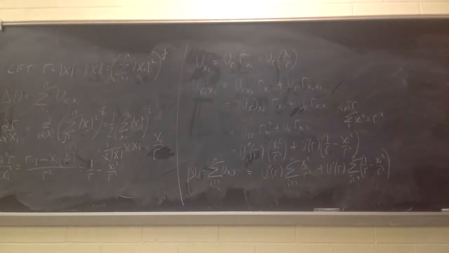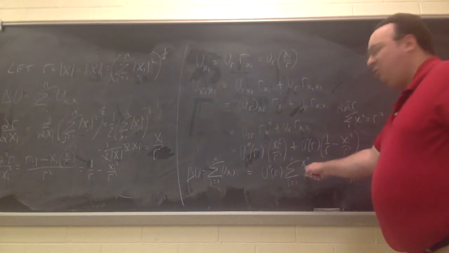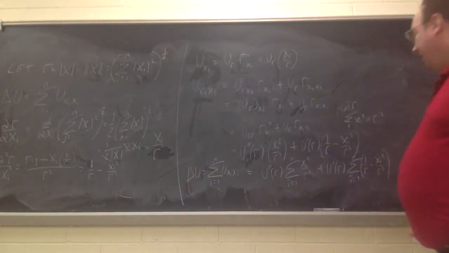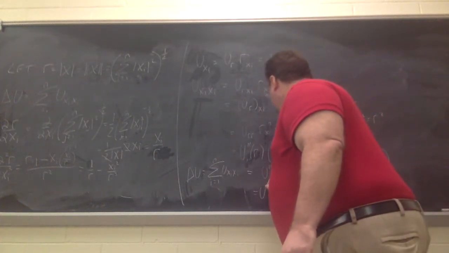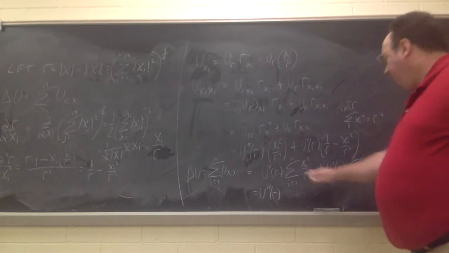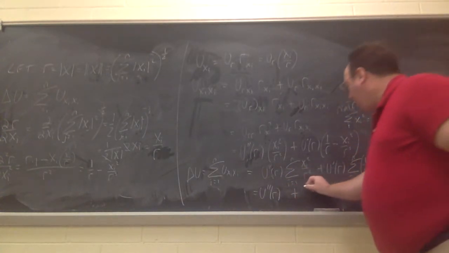Yeah, see, told you. So this sum is 1. So I end up with u double prime of r, and that's it for the first term. And then for the second term, I'm going to have u prime of r.